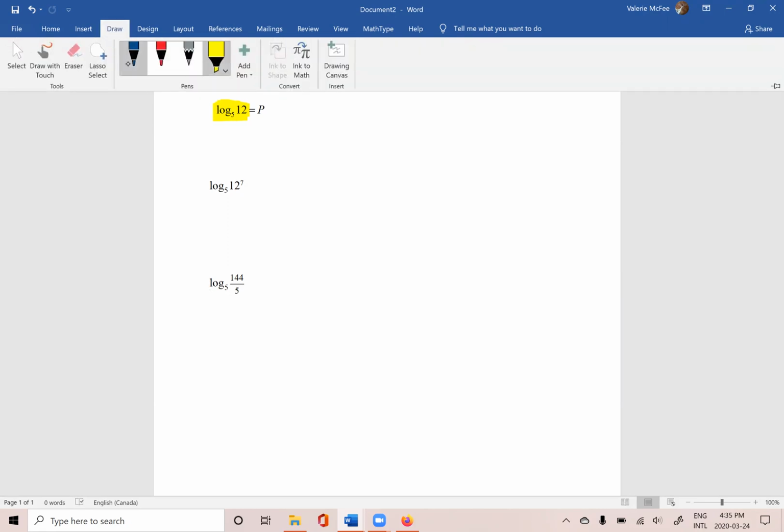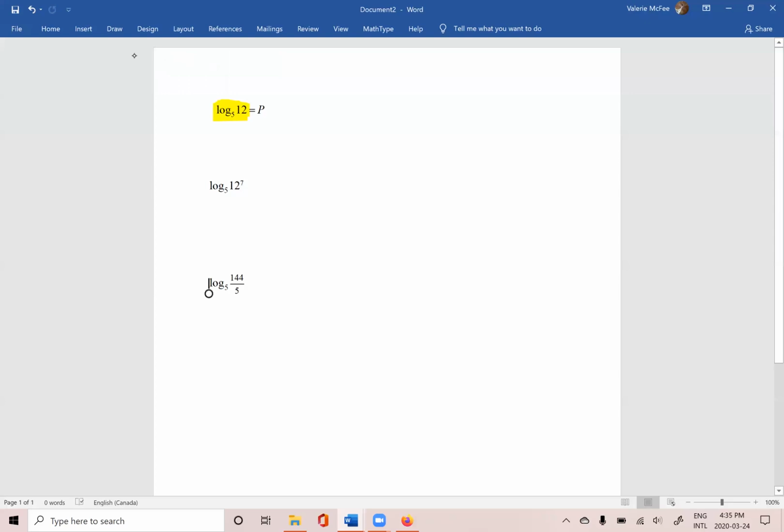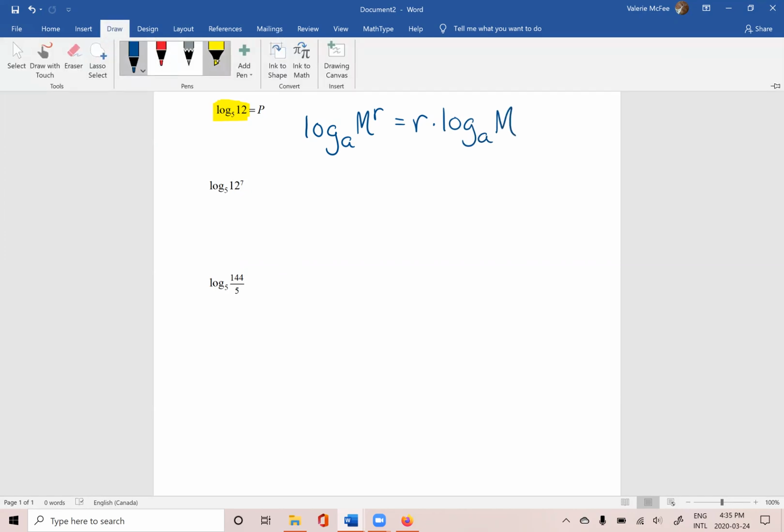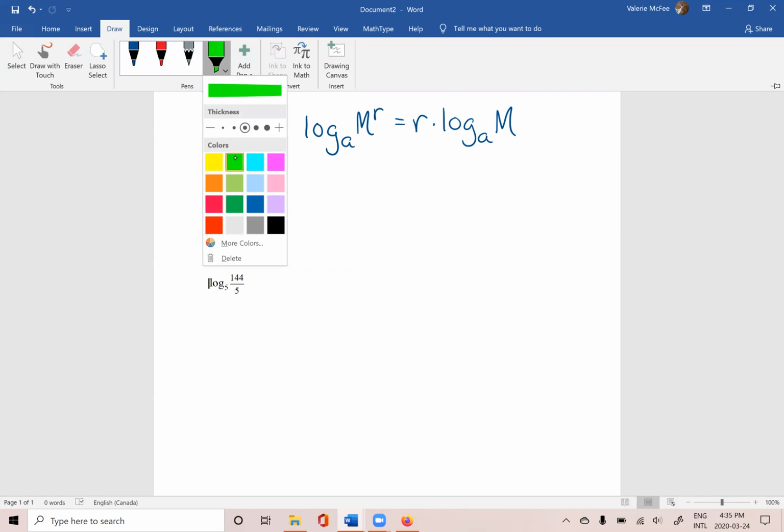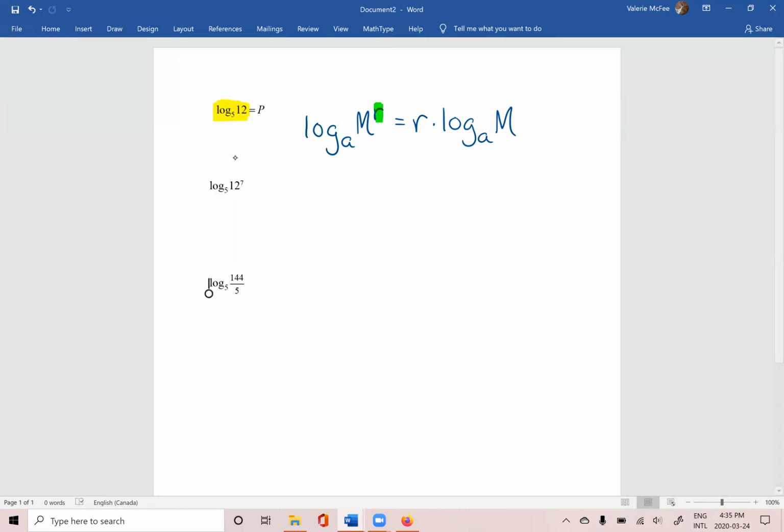So before we can do that, we have to remember some of our properties. First of all, you have to remember that exponent property. It says that if you have log base a of m to the power of r, we can write that r as a factor. So we've taken r from an exponent, we've written r as a factor.